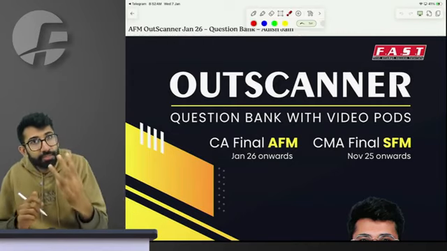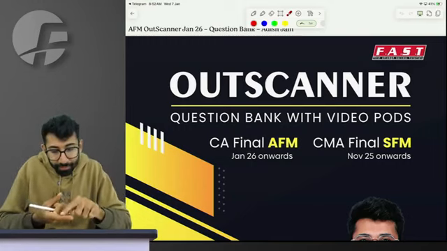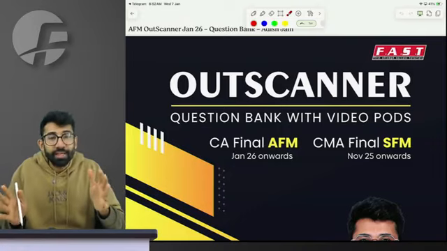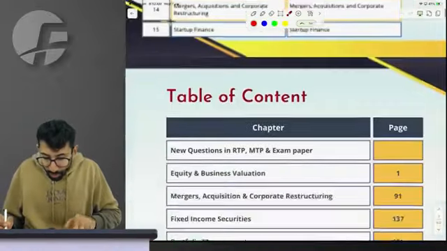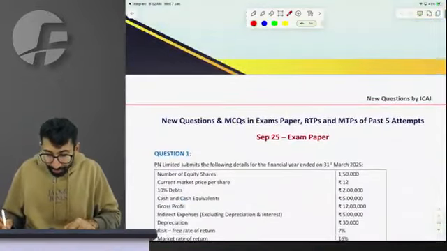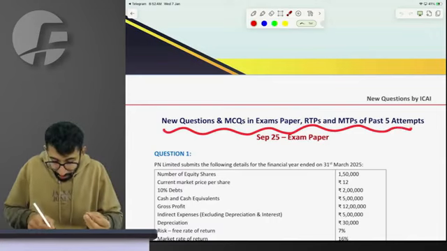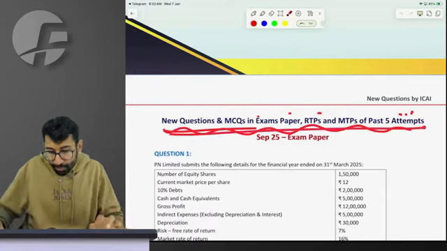For these three attempts, whatever new questions are in the RTPs, in the MTPs, in the exam paper, all of them will be compiled and added in the initial pages of this book as new questions in the last 5 attempts, something like this. Sir, what is the logic?